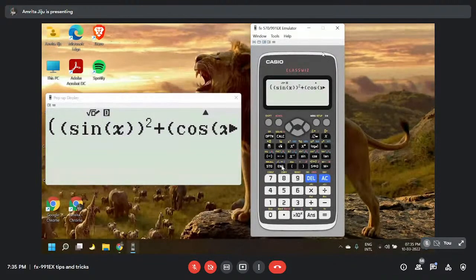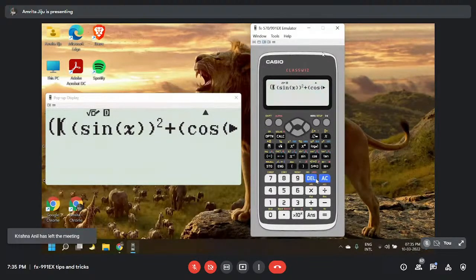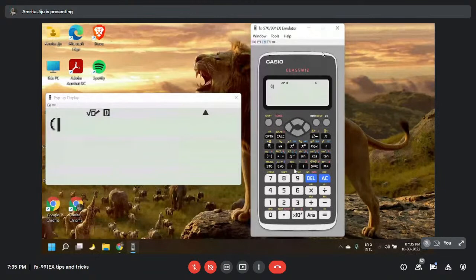Now, this ENG button is actually used in complex numbers. You already saw me use these buttons. These are just bracket buttons, or parentheses, which we use in between calculations so that our session does not give us wrong answers.